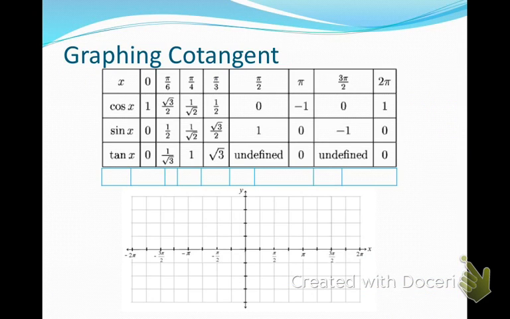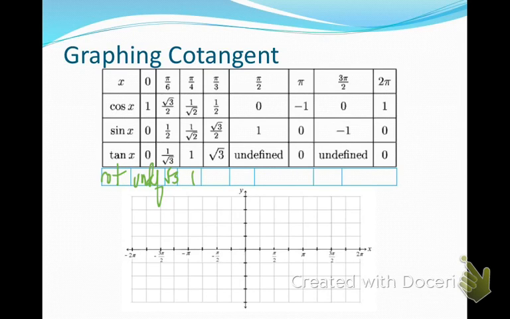So when we graph this, I'm going to just add in the values down here at the bottom. We're looking at cotangent. At 0, we're undefined. At pi over 6, we're going to be at a higher value. We're going to be at root 3.